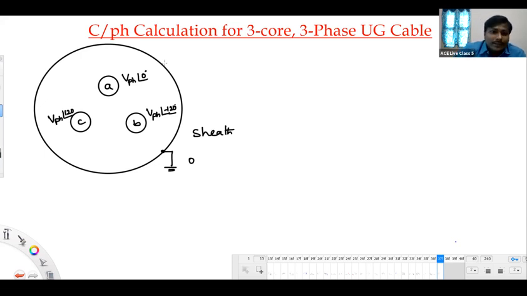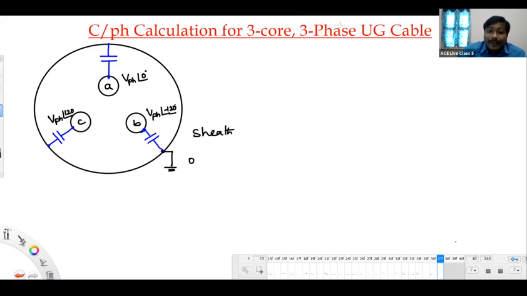So A to sheath, with the sheath operating at 0, definitely a capacitance gets formed. B to sheath also gives some capacitance, and C to sheath also. How will these three capacitances be, equal or unequal?